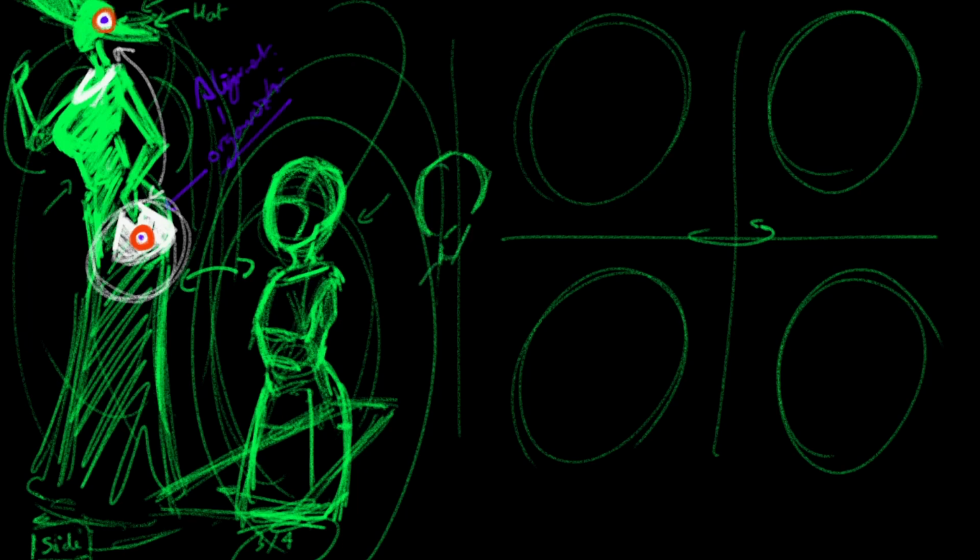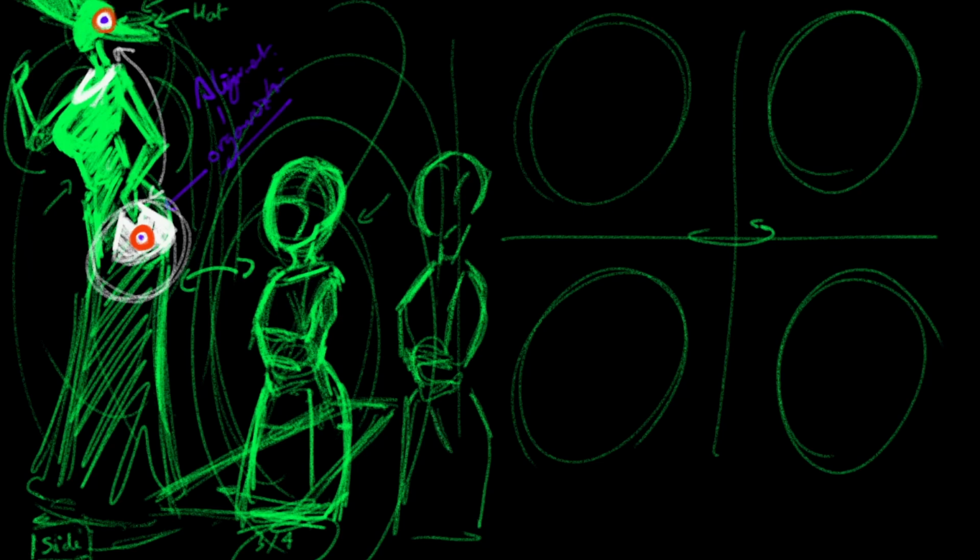You want to focus on the fact that you know how to draw the thorax, you know how to draw a skull approximately, you know how to draw the abdomen here, and you know how to draw the hips and the legs.